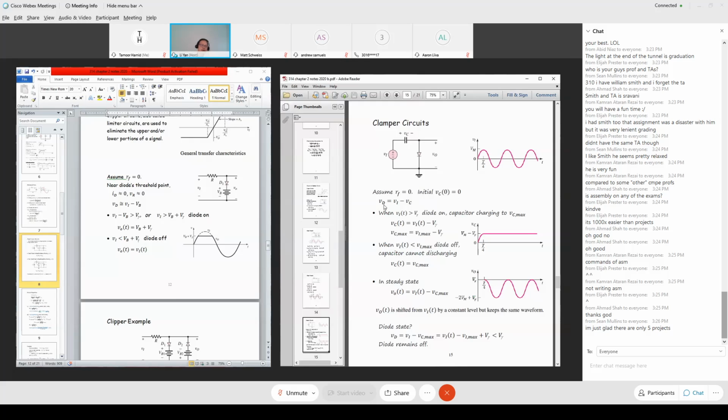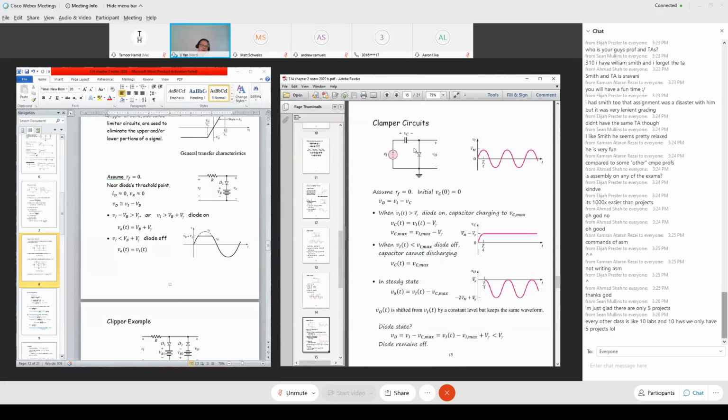How is the diode voltage influenced by the rest of the circuit? In this configuration, this is the diode voltage. VI minus VC is the voltage at the top subtracted by the voltage at the bottom, and that's the diode voltage. VD equals VI minus VC.